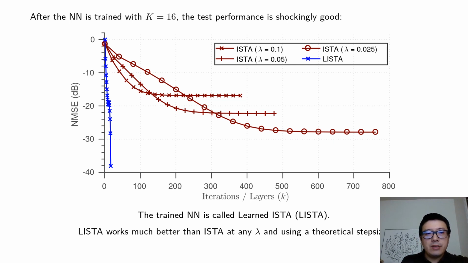And the end result is also better. In other words, the trained network, because it's trained to recover the true signal rather than trained to solve the lasso problem, when you compare the results to the true signal, is actually better than the solution of the lasso problem corresponding to a different lambda.